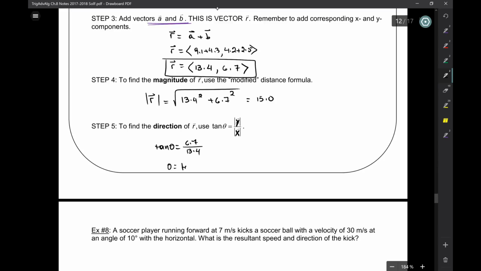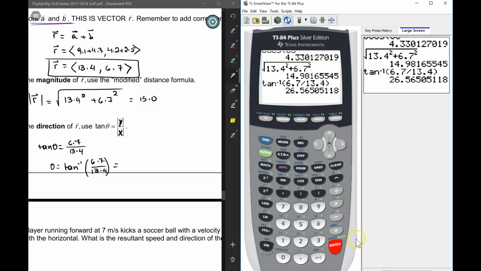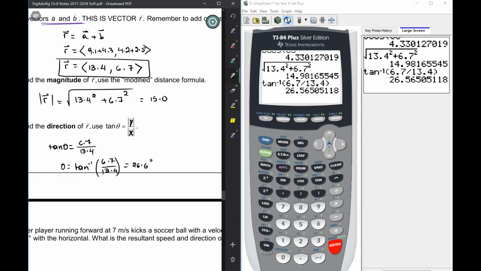So theta is inverse tangent of 6.7 over 13.4, which is 26.6 degrees. Okay, so there we have direction and magnitude.